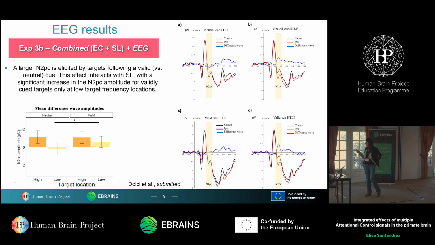But this effect interacts with the statistical learning effect, and there is an increase in the N2PC for validly cued targets only at the low target frequency location. So here, this difference is huge.